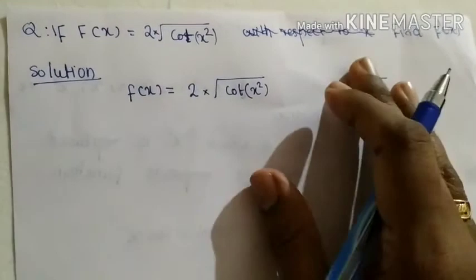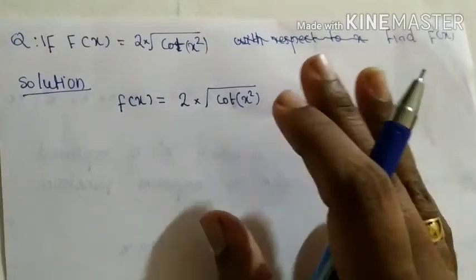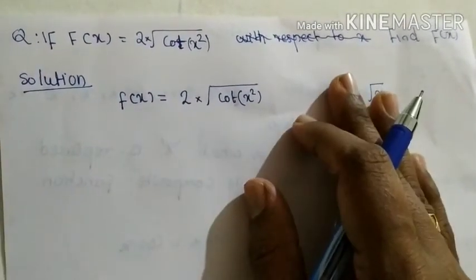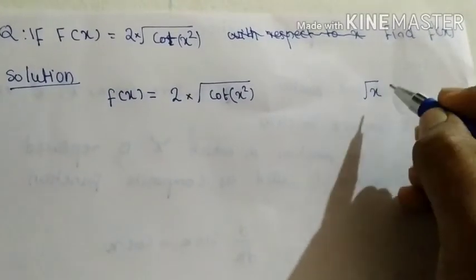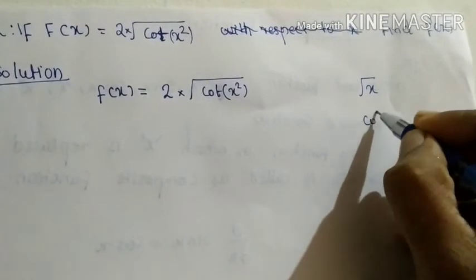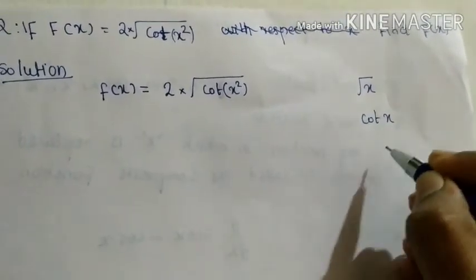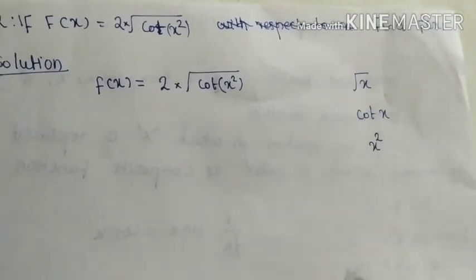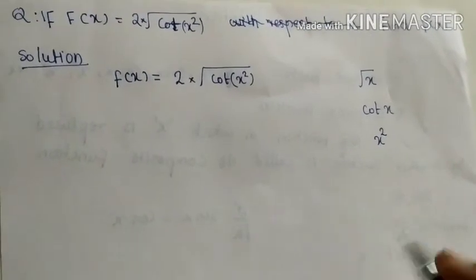We can see that this function consists of 3 standard functions. That are, first one is root x, second one is cot x, third function is x square. Okay, so let's start.